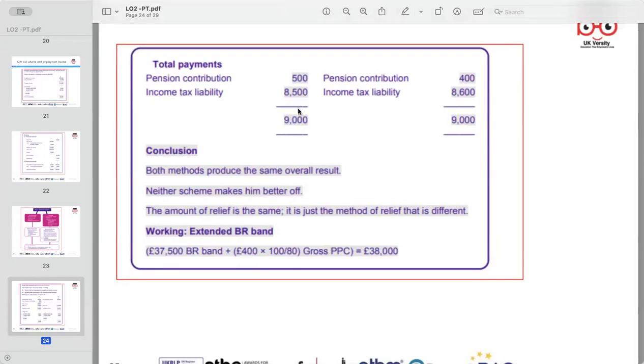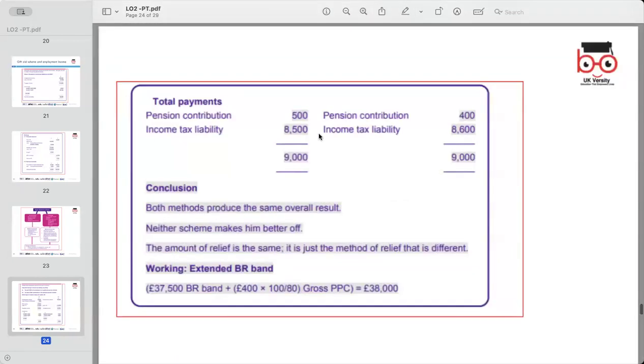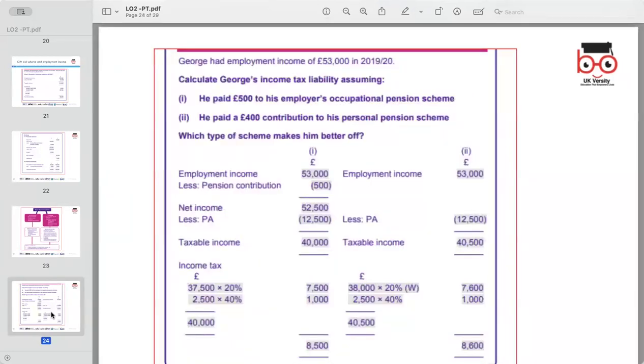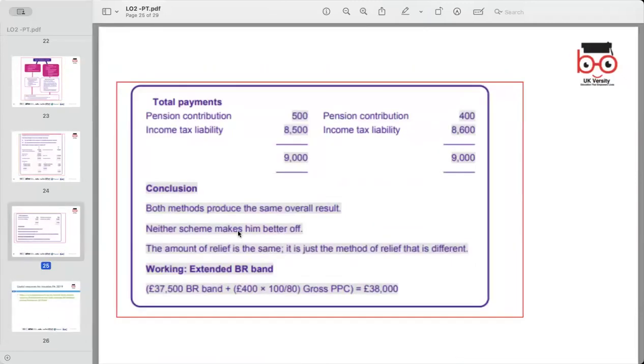Compare the outcomes. In the first scenario, he contributes 500 pounds to his pension and his income tax liability is 8,500 pounds. In the second scenario, he contributes 400 pounds to his pension, so his income tax liability increases to 8,600 pounds.